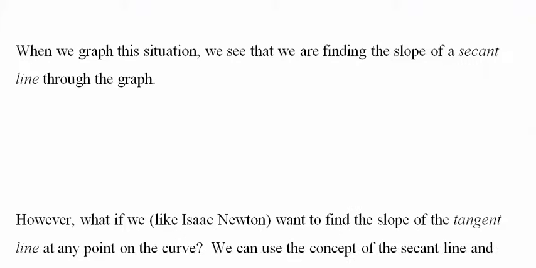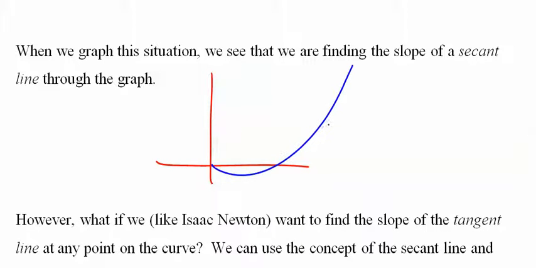Now we graph the situation, and the graph doesn't look exactly like this. It looks something like this. So we say here is 3, and here is, actually I think 1 would have been right there.